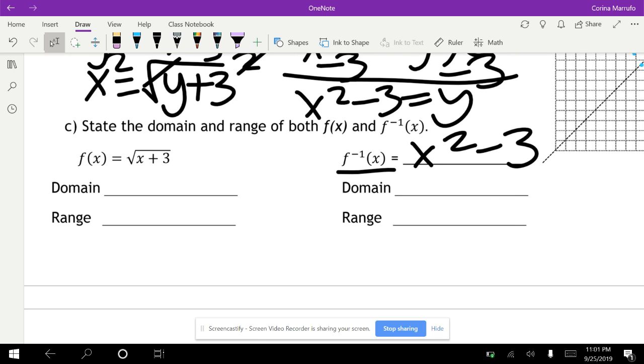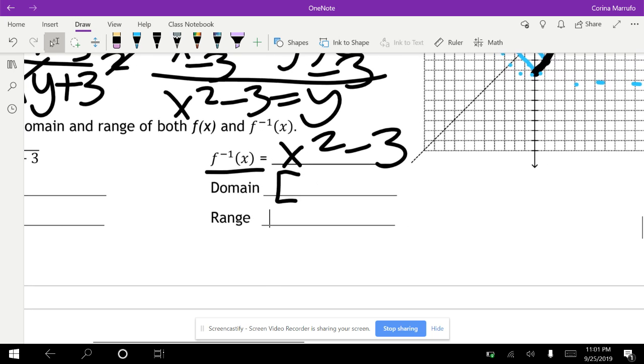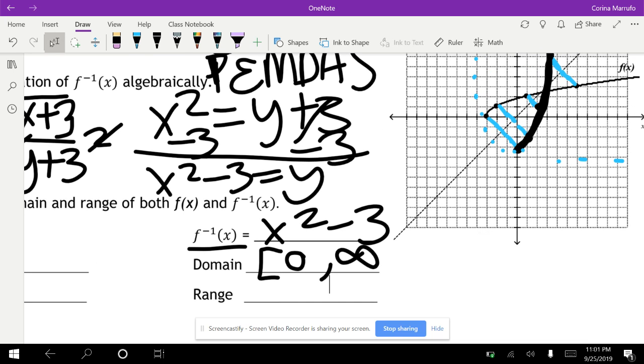Now the only way that this can work, like I said, is if it has this restricted domain. So it has to go from, I believe, 0 on your x-axis all the way to infinity. And then for our range, our graph here starts at -3 and goes up to positive infinity.